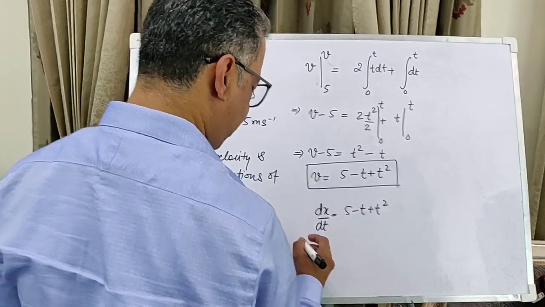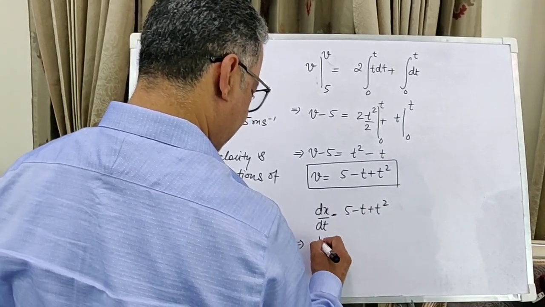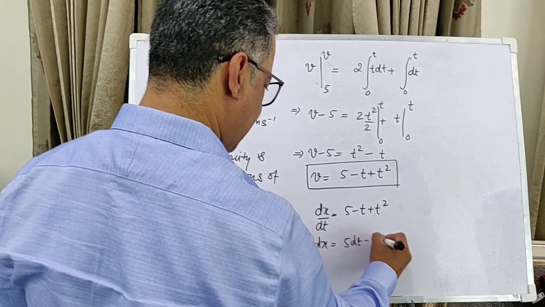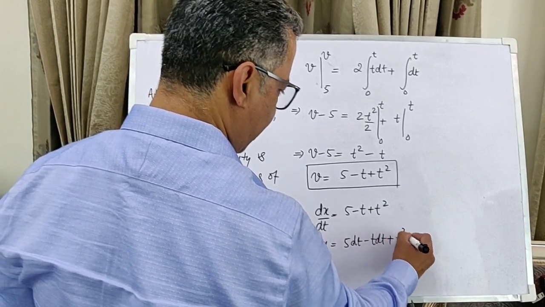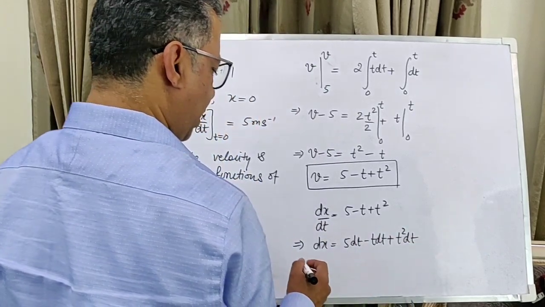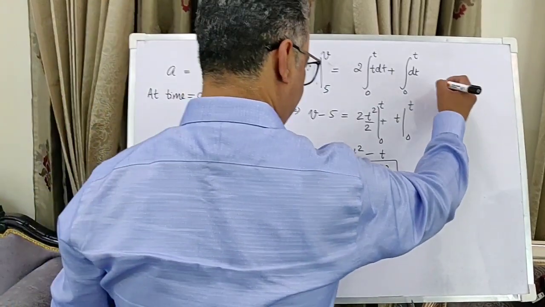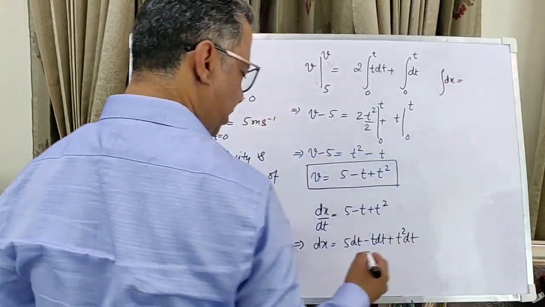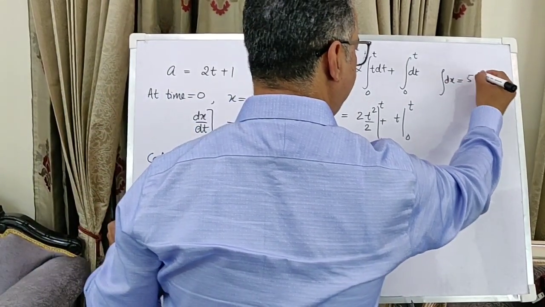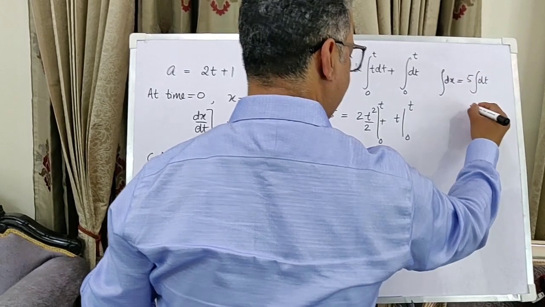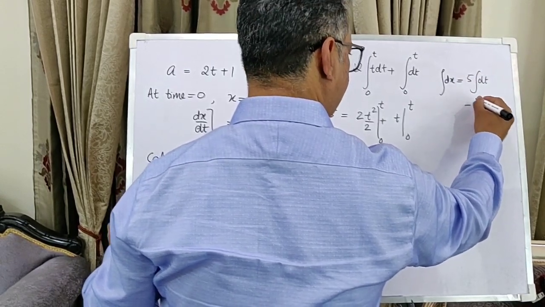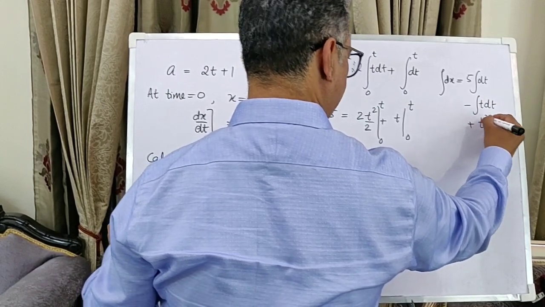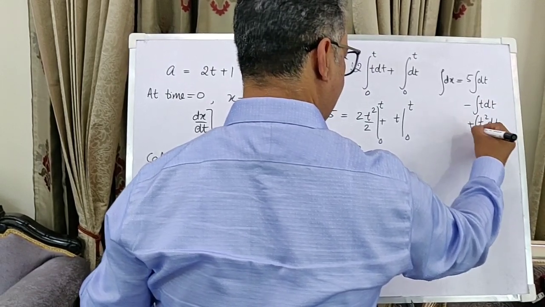Let's take dt onto the other side. dx equals 5 dt minus t dt plus t square dt, and then we integrate both sides of the equation. dx integrated on the left hand side, on the right hand side 5 into dt integrated minus t dt integrated plus t square dt integrated.